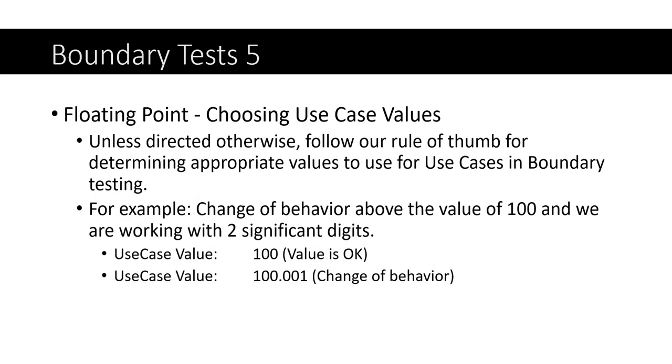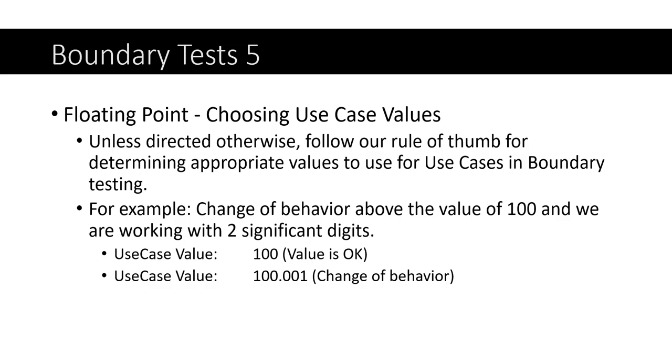Generally speaking, whenever we have floating point, or as I said, date times, time durations, whatever, right? Then unless otherwise directed, we'll use our rule of thumb, right? So I have an example here. Suppose there's some change of behavior at a value of 100, okay? And we're working with two significant digits. So what values are we going to use for our two above and below use cases, okay?